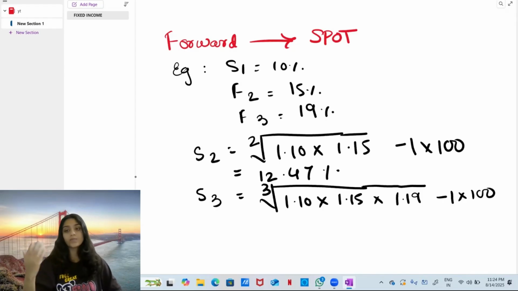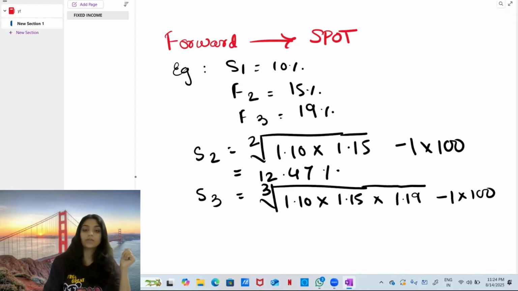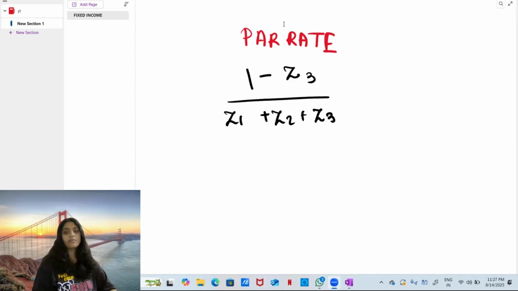So calculating spot rate from forward rate is technically easy. It does not have many rules to remember, but you should know how to calculate it on a calculator. The next concept is par rate. How do you calculate par rate? The formula is 1 minus Z3, suppose, divided by Z1 plus Z2 plus Z3. Now what are Z1, Z2, Z3?